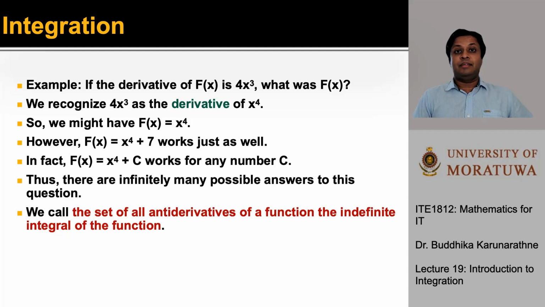You will also see that this would be true for any constant c. Thus, we can see that there are infinitely many possible answers to this question. That means finding the integral of 4x cubed would have indefinite possibilities or answers.